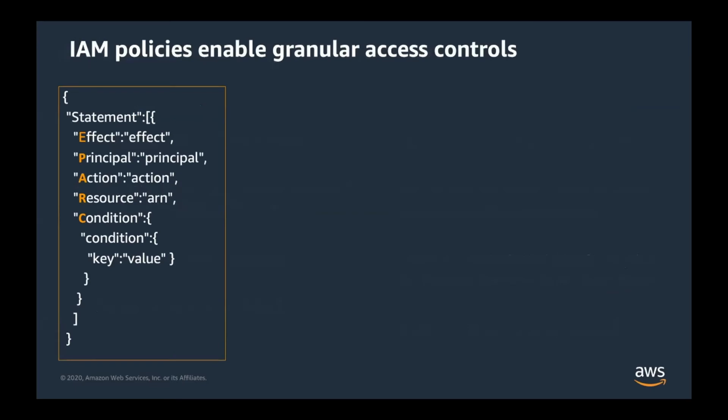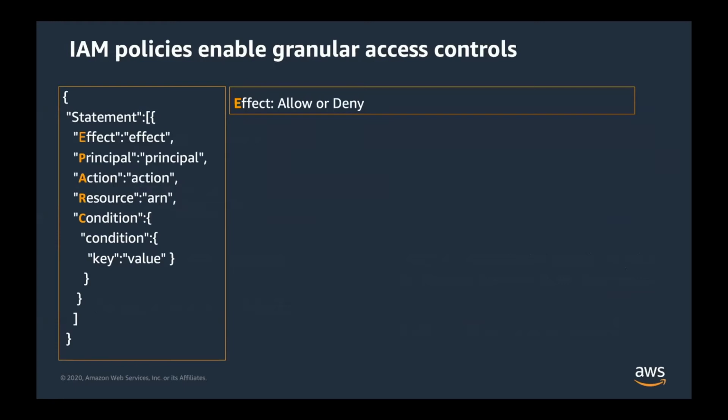So if we think about how IAM policies then need to be structured as you go through the method of writing these out, you have 5 things you need to think about. What is the effect that the policy is going to have?